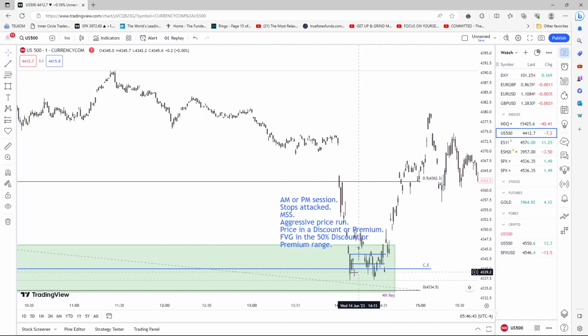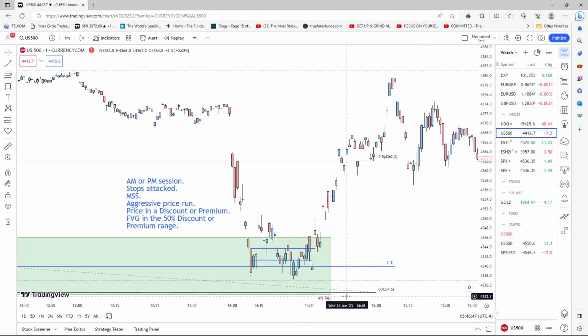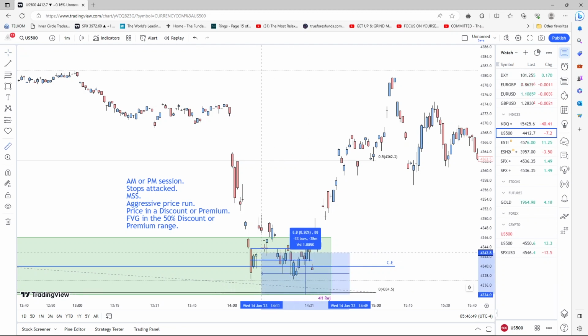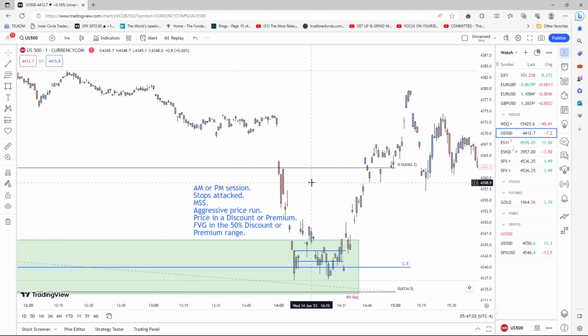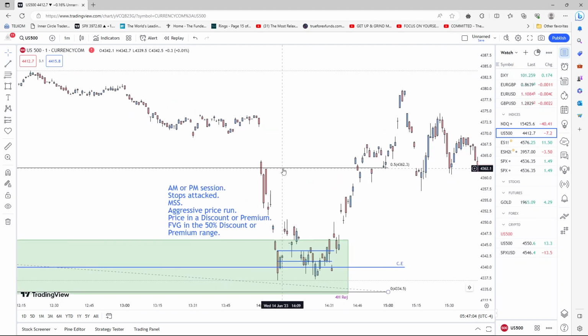Your stop would be below the 4-hour rejection block, which now the stop would be 10 handles. You can have a stop there. Again, take profits above 50%.